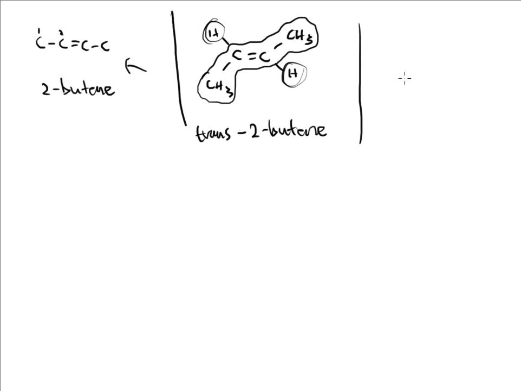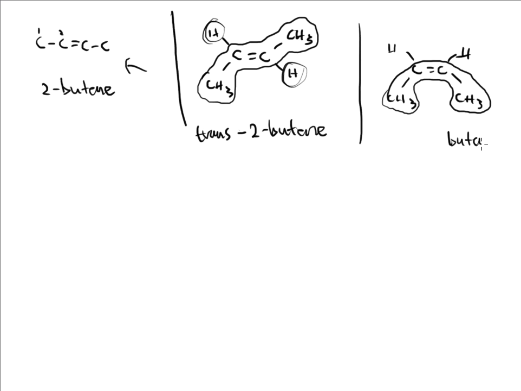All right, well, let's see that they give us this, and they give us this, and they give us this, and they give us this. I still treat it the same way. I find the longest carbon chain, and the longest carbon chain, there's 1, there's 2, there's 3, and it just comes down and goes back down. So there's 4. So this is still butene, and it's still happening at carbon number 2.